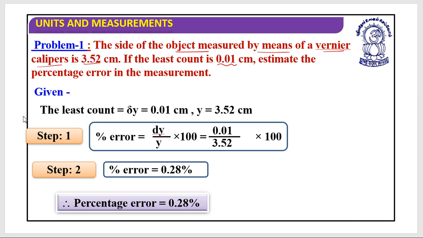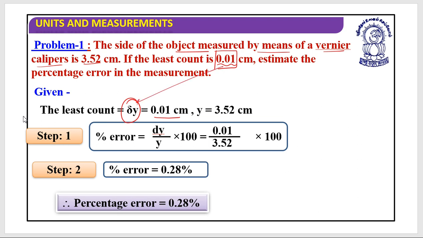Do you remember the least count errors? So here it is. The least count is 0.01 centimeter, so the error in the measurement is 0.01 centimeter. The least count always represents the error that may be present within the measurement. So this is the error.